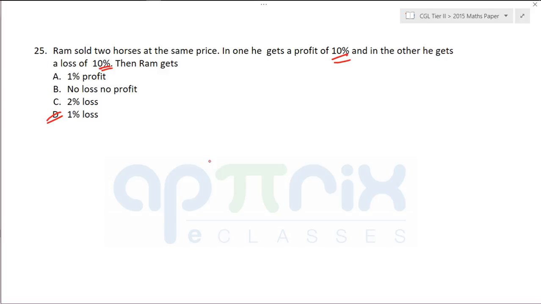I'll make sure I keep on coming live and keep on teaching you new things. My purpose is that before your Tier 2 exam, I just want to give you a glimpse of how you can use your common sense in getting the answer. Annie, you were saying that you want me to teach some new methods, right? I don't want to teach new methods because I know that in the exam you won't be able to use them. My purpose in this series was to show how you can use the options and your common sense. Yes, there are so many methods that I can teach you that will make problem solving way easier, but this is not the time, just before the Tier 2 exam, to teach you something like that.